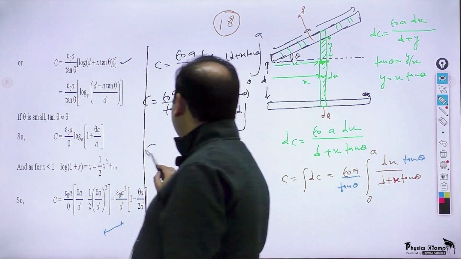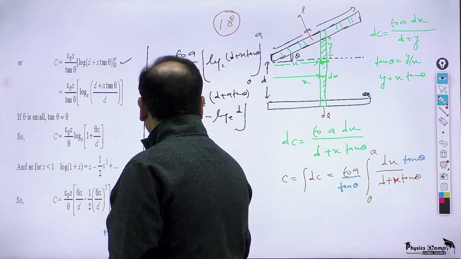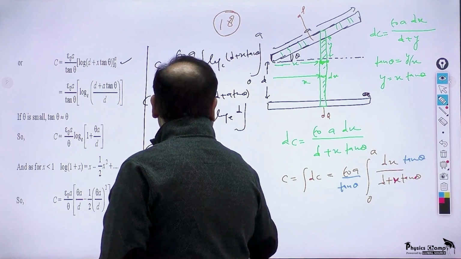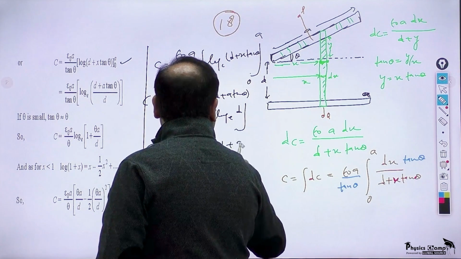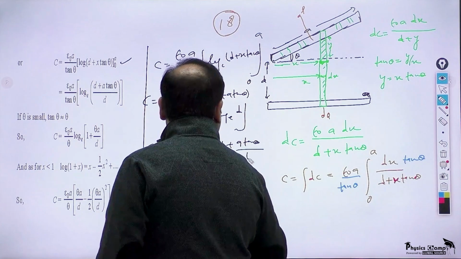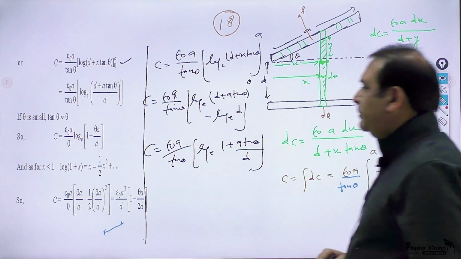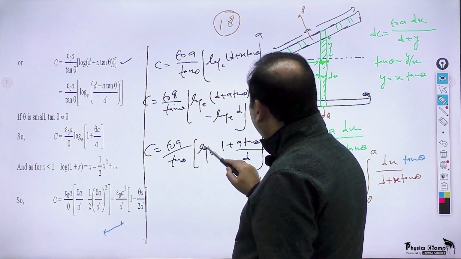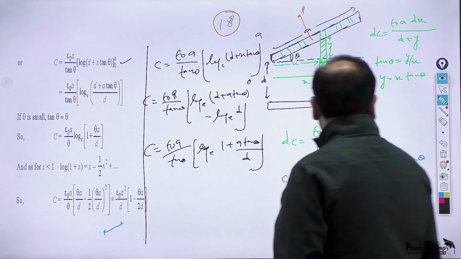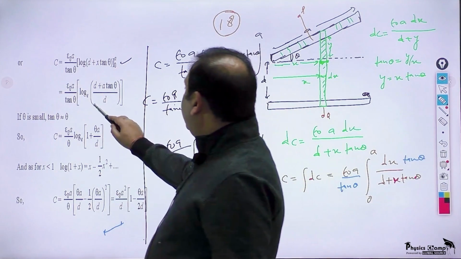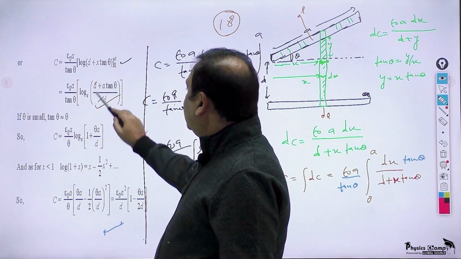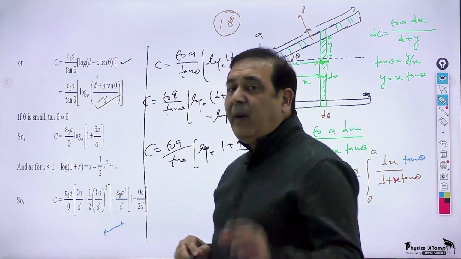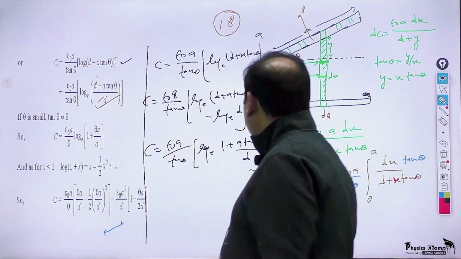This can be written as epsilon naught a by tan theta into log base e of 1 plus a tan theta by d. You have taken d common from here, so this is 1 plus a tan theta by d. So I can say the result is this much.